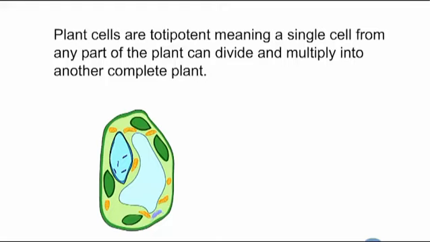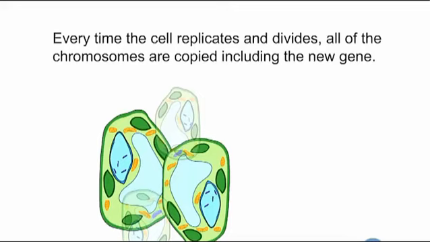So this potential power or ability of a plant cell to develop a complete plant is called totipotency. So every plant cell is totipotent. By considering this phenomenon, we can get entire plants.